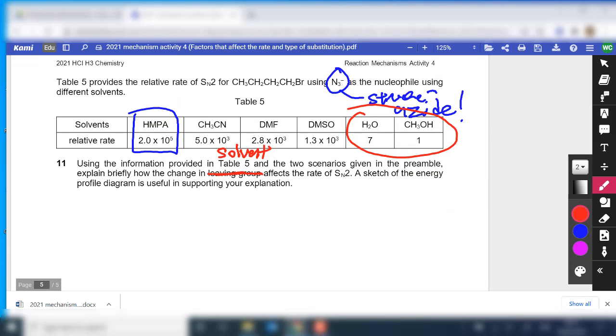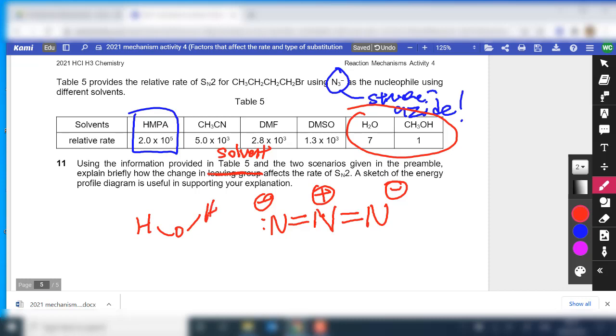For example, if I have nitrite, if you try to draw the structures, it will look something like this. Oops, just give me a while. This is plus, this is minus, minus. Then you have the H here, water molecules capable of forming hydrogen bonds.